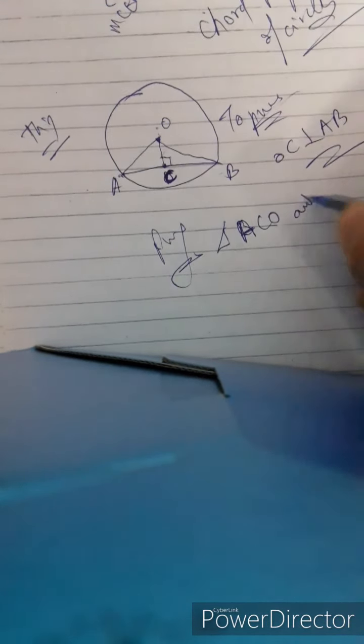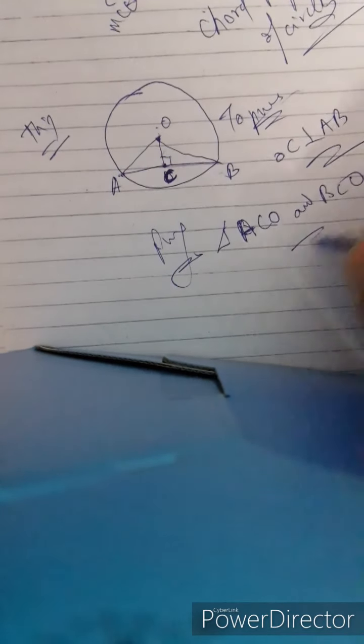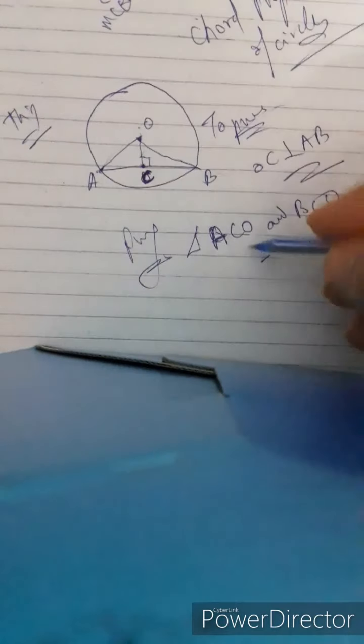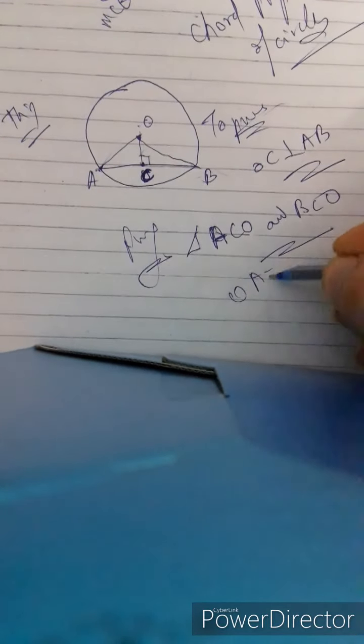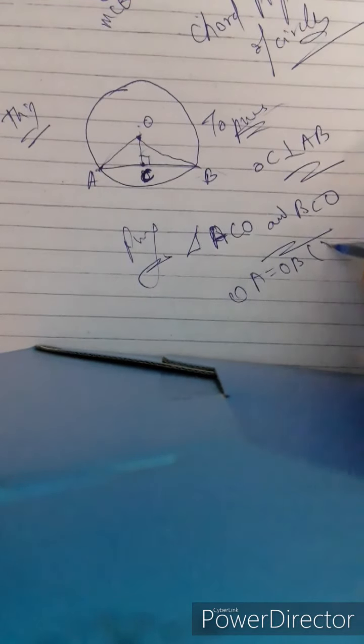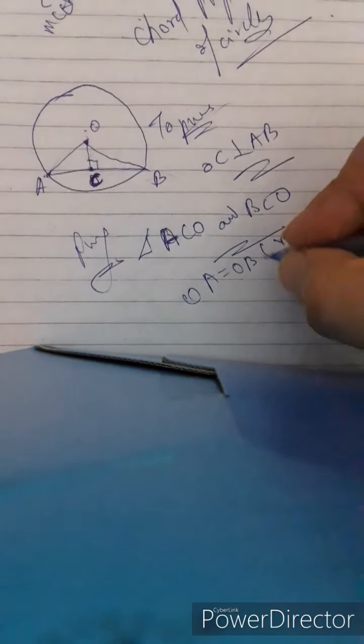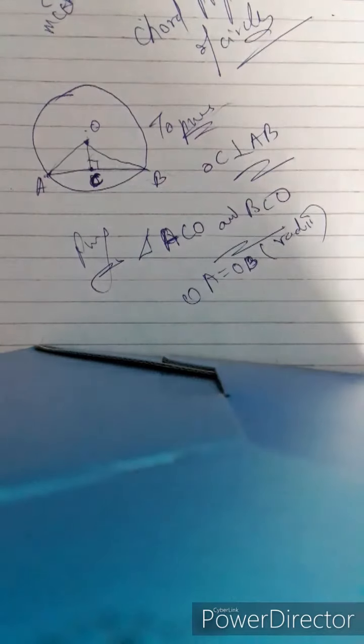ACO and BCO. Alright, so OA and OB are the radii. OA equals OB, as they are the radii of the circle.